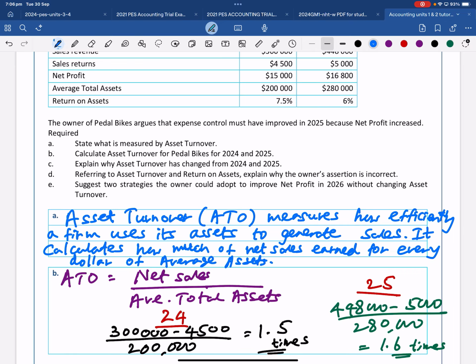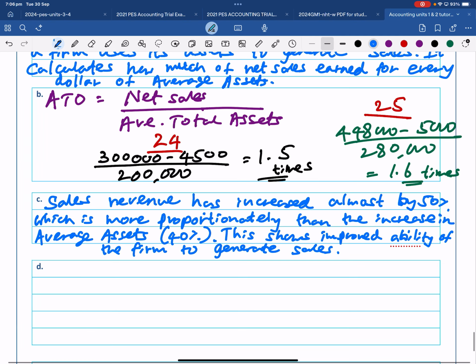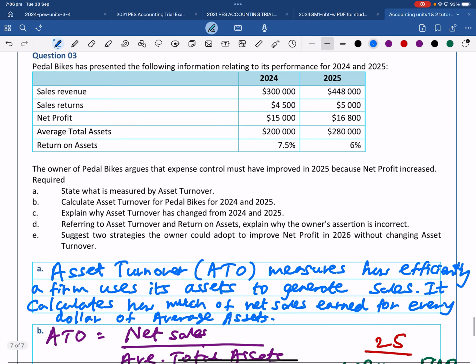But do you think expense control has improved? No. Why not, guys? Because they increased their sales by 50%, but look at the increase in the net profit, just 12%. Pretty bad, their expense control.